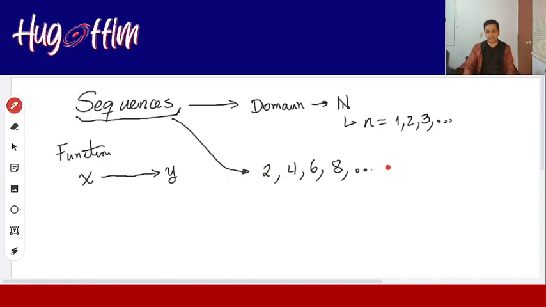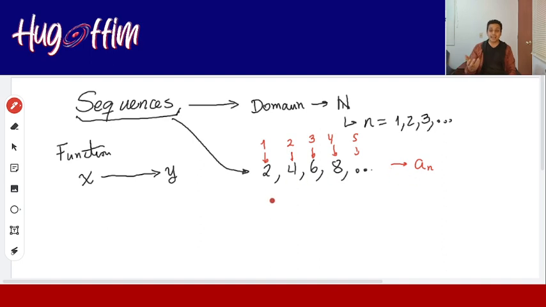Instead of y, we represent the range by a sub n, the terms, and each one corresponds to the nth term. This is the first term, 2, the second term, 4, the third term, 6, and the fourth term, 8, and we can know the fifth term if we understand the rule.